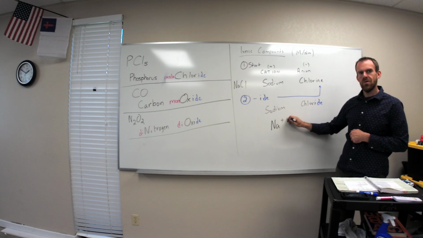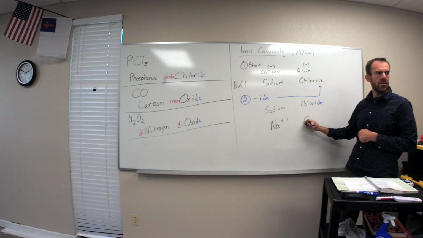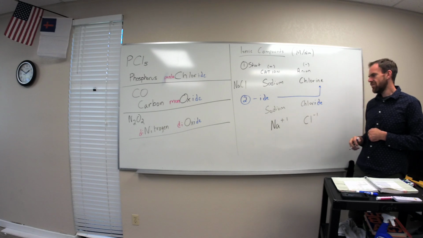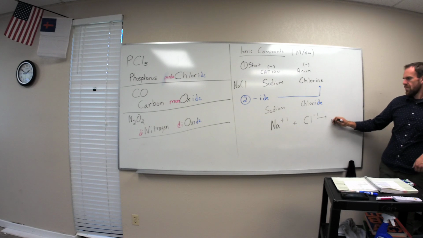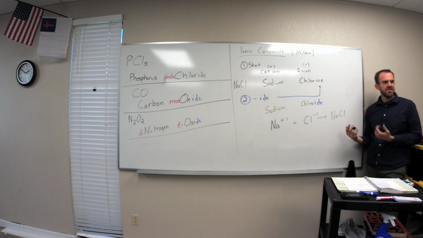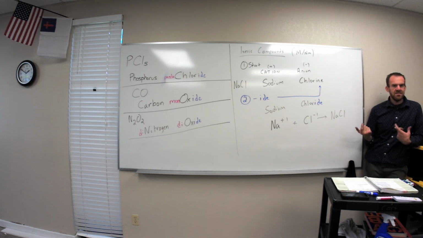Plus 1. Chlorine is always going to take a minus 1. What's the only way that they're going to combine? NaCl. Right? There's no question about how many sodiums to how many chlorines. There's absolutely no question whatsoever.